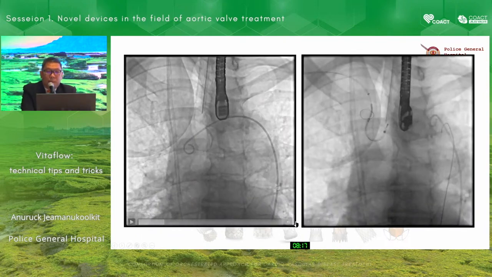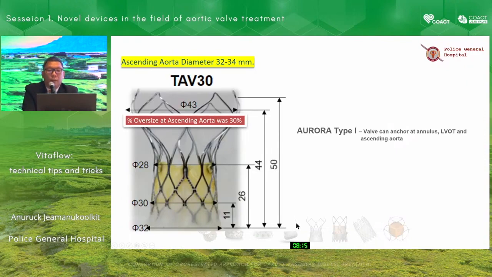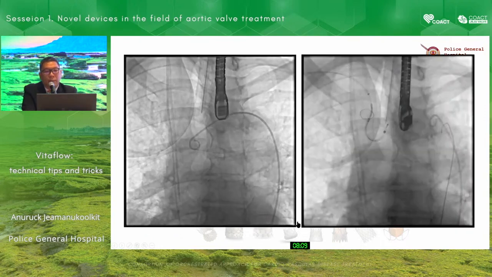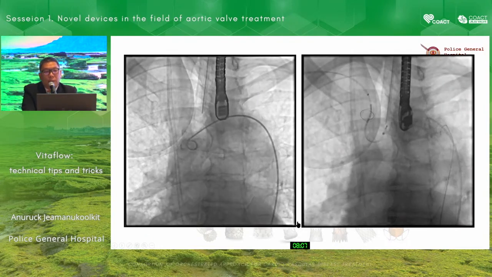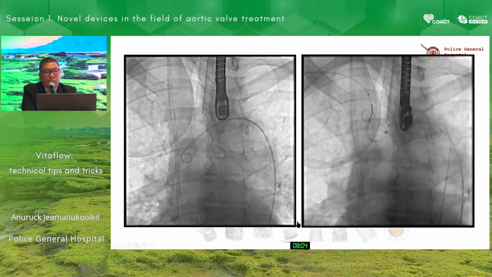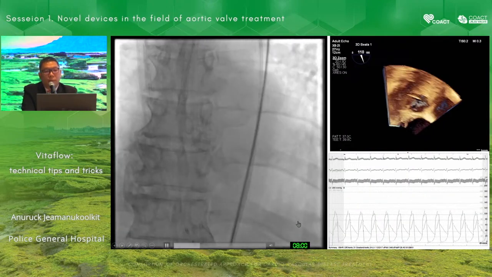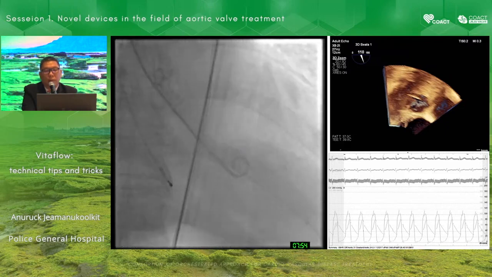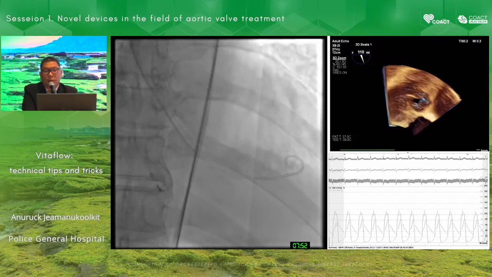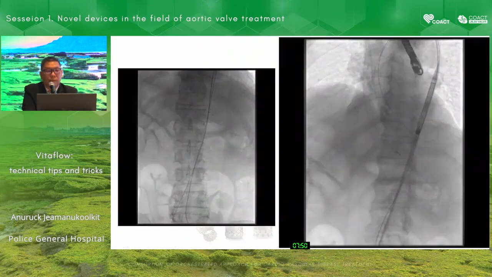This case matches Aurora type 1, so we can do the 3-point anchoring at the LVOT, annulus and also the ascending aorta. We chose the Sentinel in this case because of the AR; we worried that some debris could cause a stroke. So we cross the aortic valve with the pigtail, and it has some gradient because of the high jet from the aortic regurgitation.